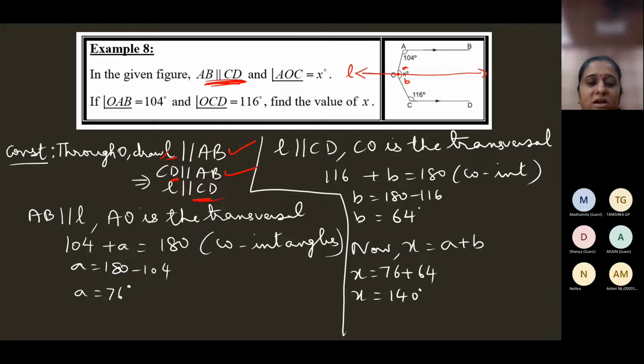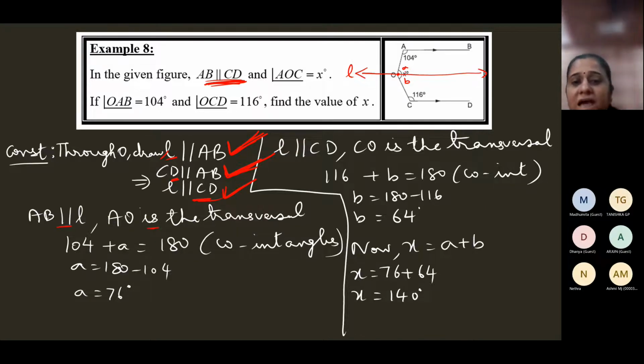So we write this result. This one is construction. This is given. From this construction and given, by comparing these two, we get a new result: L is parallel to CD. Now, mention the parallel lines, mention the transversal.